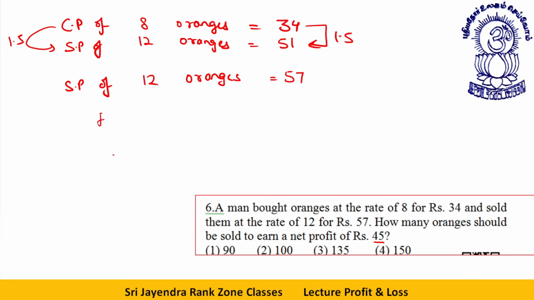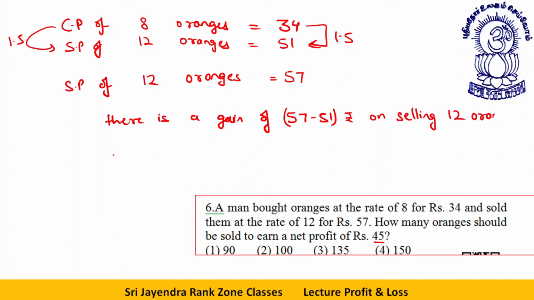So there is a gain of 57 minus 51, that is 6 rupees on selling 12 oranges.